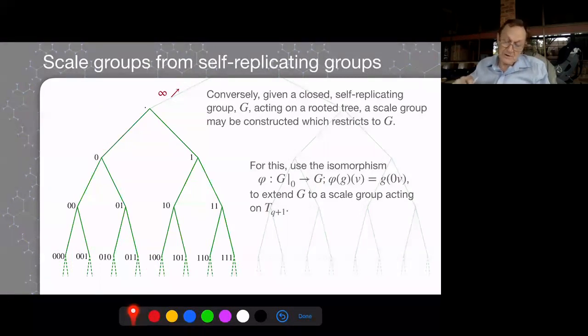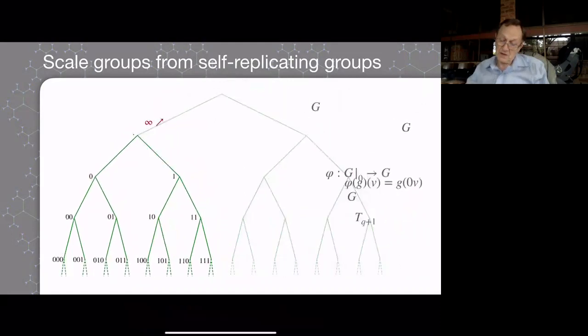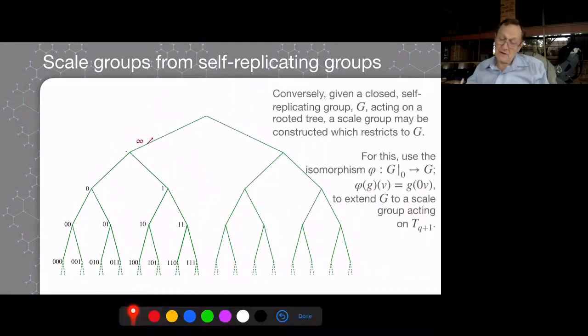And we can use this isomorphism now to extend G so that it acts on not just a rooted tree, but on a regular tree, and such that the restriction of this group to this rooted tree is the self-replicating group we started with. So how do we do that?